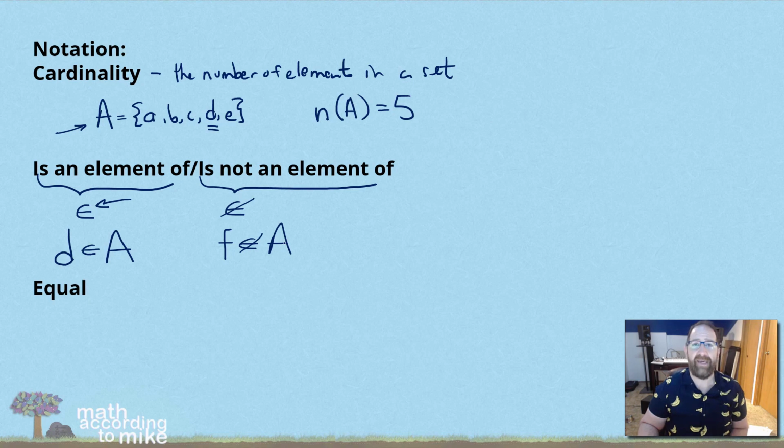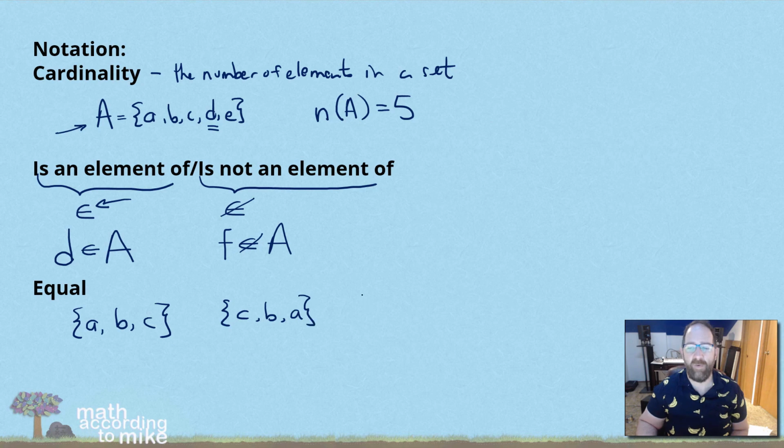Okay. The last thing before I set you free to watch another video is the idea of equal. When you are writing sets, especially in roster method, which is what we mainly concern ourselves with, you can rearrange the elements in any order you want. The order in which you write elements in a set does not matter.